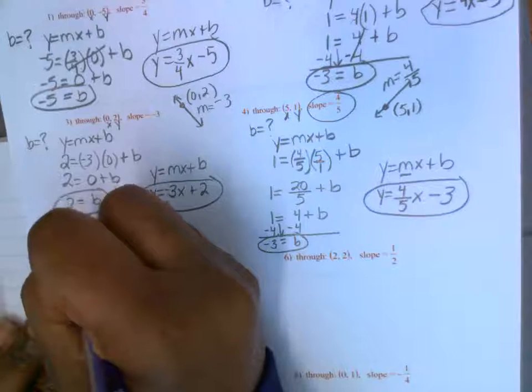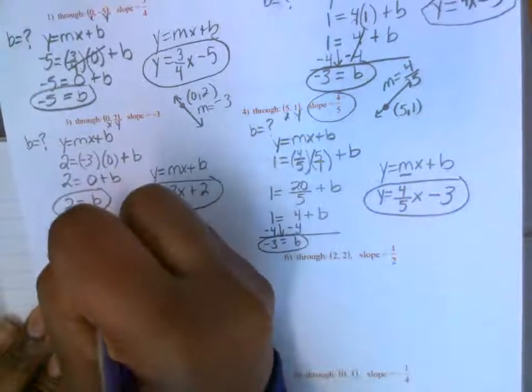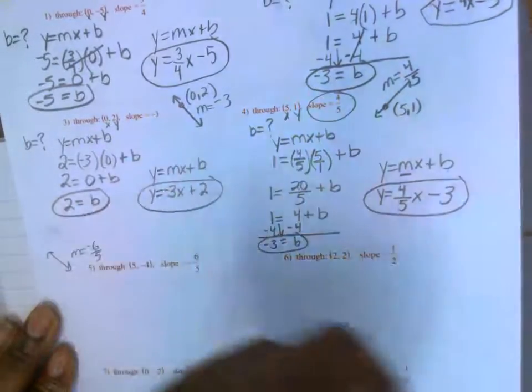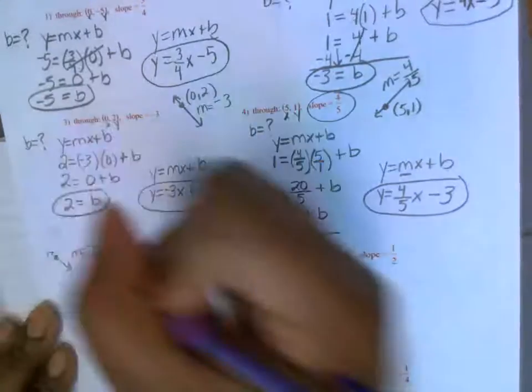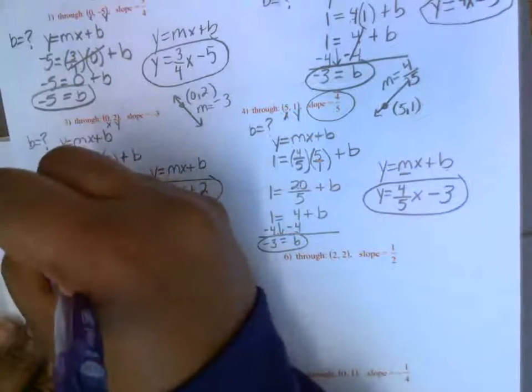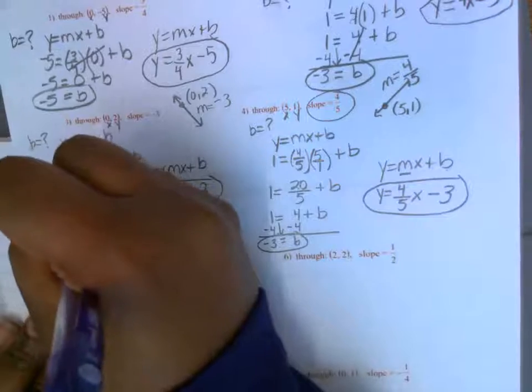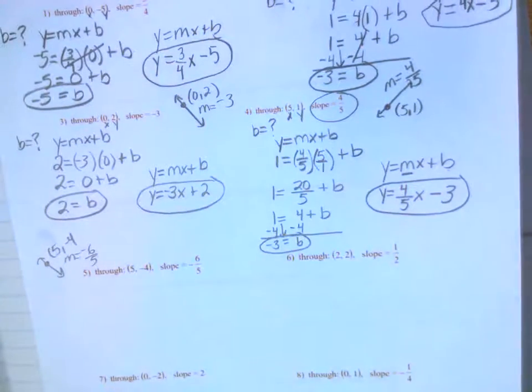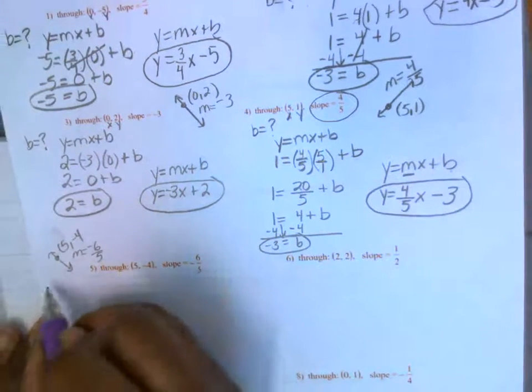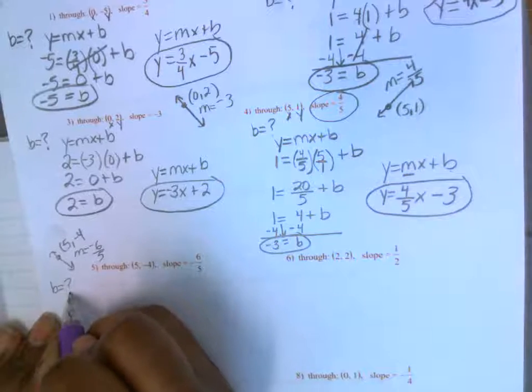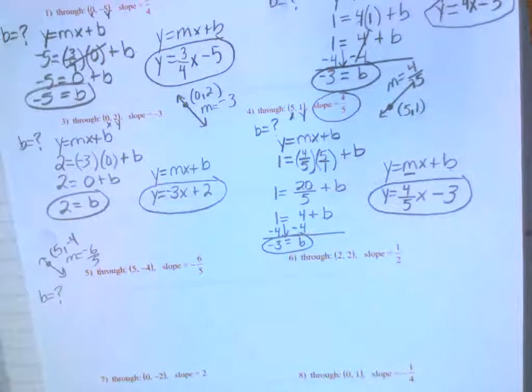They tell you that the slope is -6 over 5, and that one of the points on that line is (5, -4). That's all the information they give you. But what you don't have in order to write the equation is b. You don't know where the line is going to cross the y-axis. So you've got to find b.